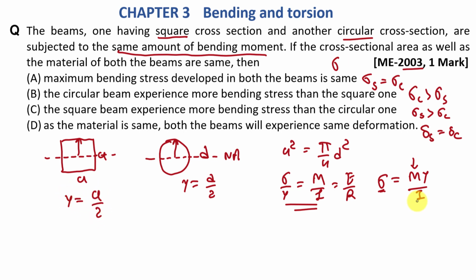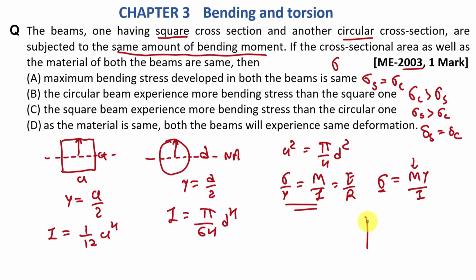Fine. Value of I for circular cross section area is pi by 64 d raised to 4. And value of I for square cross section beam is 1 upon 12 into a raised to 4. Right? That we have discussed in the theory part.